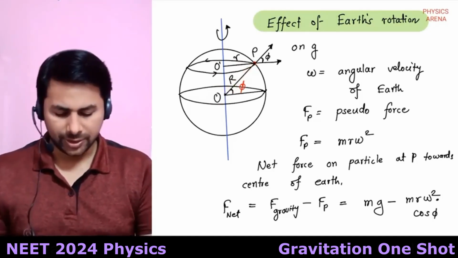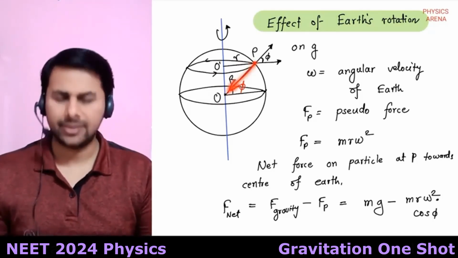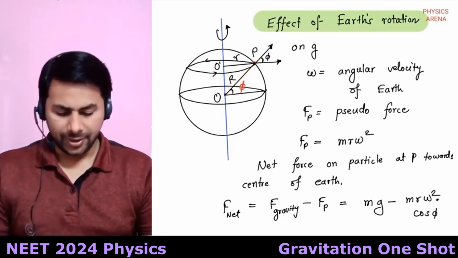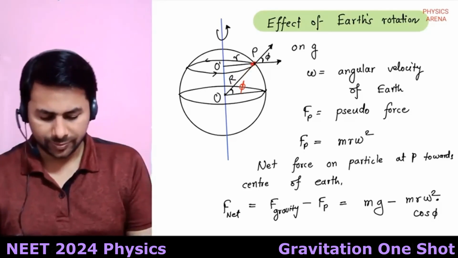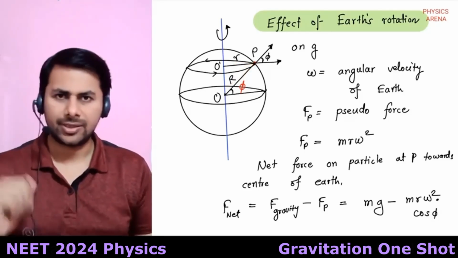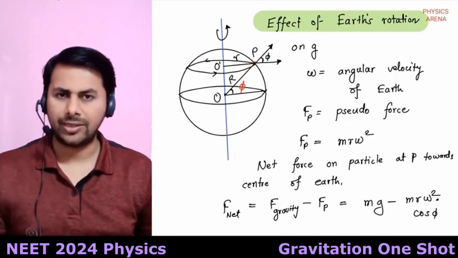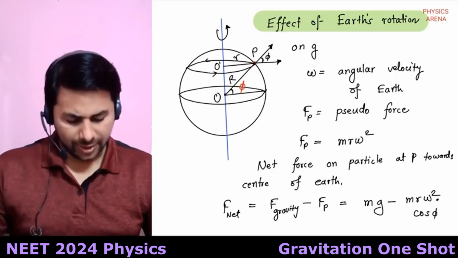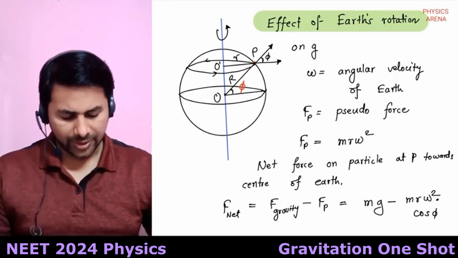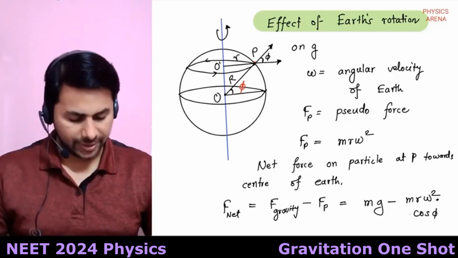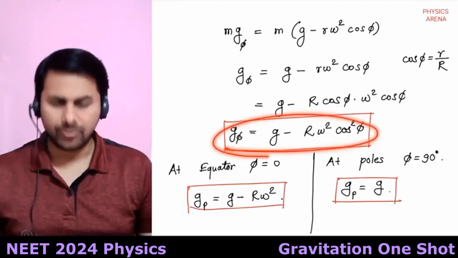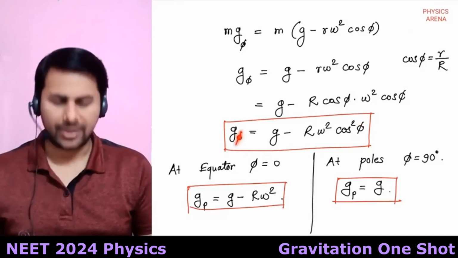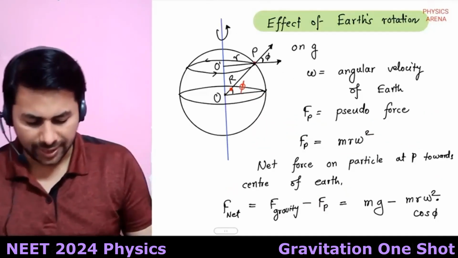Some component of this gravitational force will provide the centripetal force. Therefore the effective gravity will be lesser, and we just have to remember this formula: at latitude phi, latitude meaning this angle.